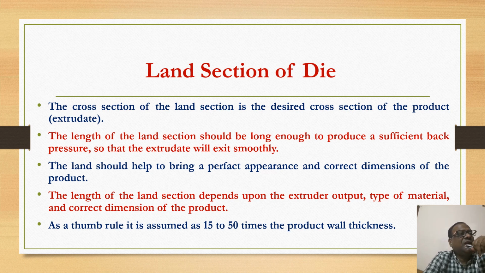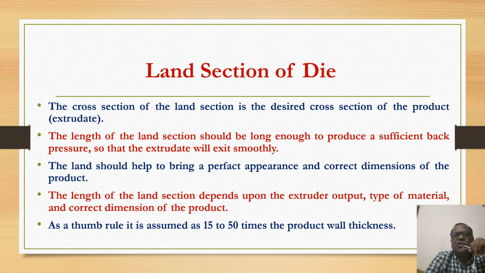But here you have to decide what the length of the land section should be, because your output and other things will depend upon the length of the land section. Like we judiciously chose the angle for the approach section, similarly you have to judiciously choose the length of the land section.